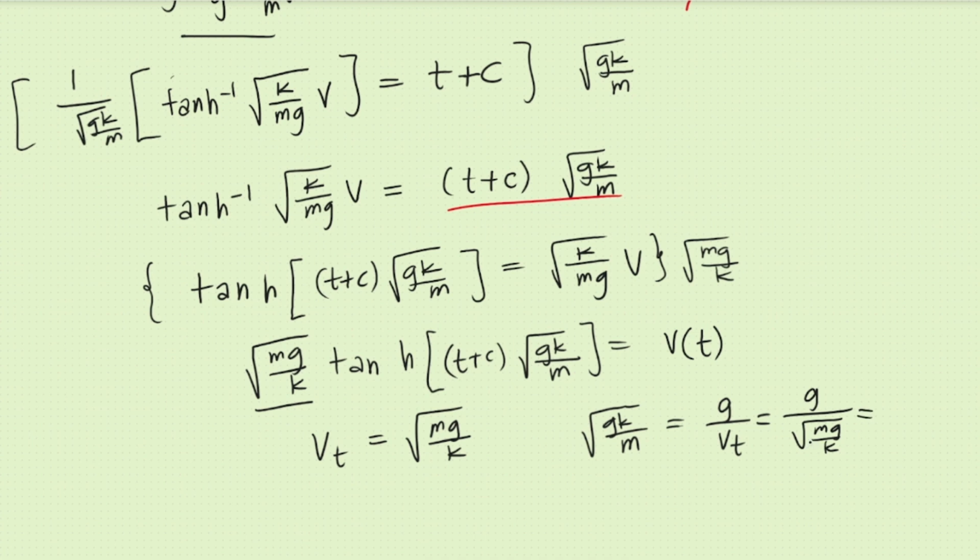So you bring the square root of k to the numerator, square root of k times g over square root of mg. So that's g over square root of g, which is just square root of g, right? Square root of g times square root of k over square root of m.